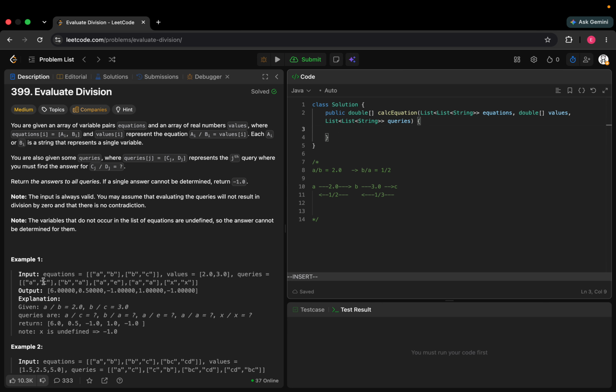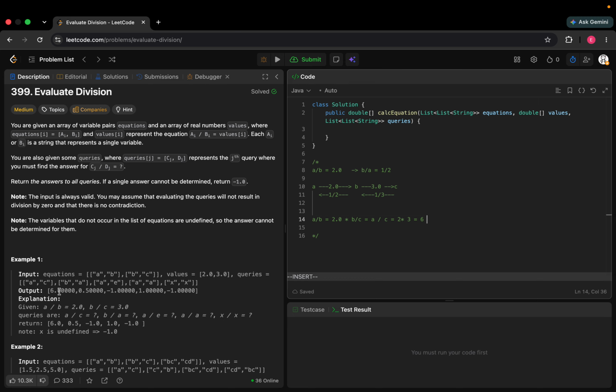So when we have A and C, it means B points to C, and we multiply B divided by A by B divided by C, so A divided by C is equal to 2 times 3, which is equal to 6.